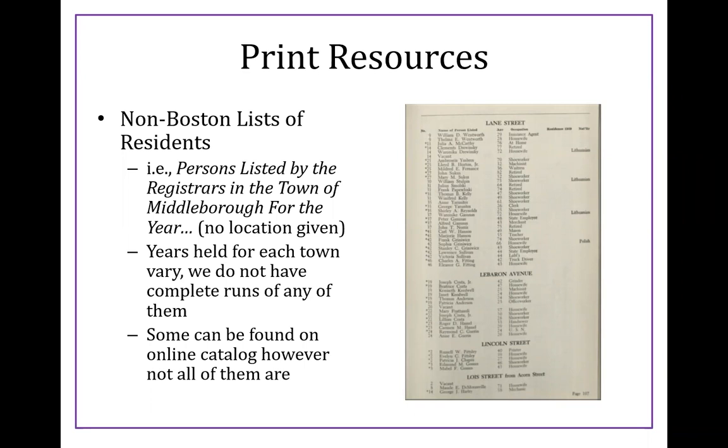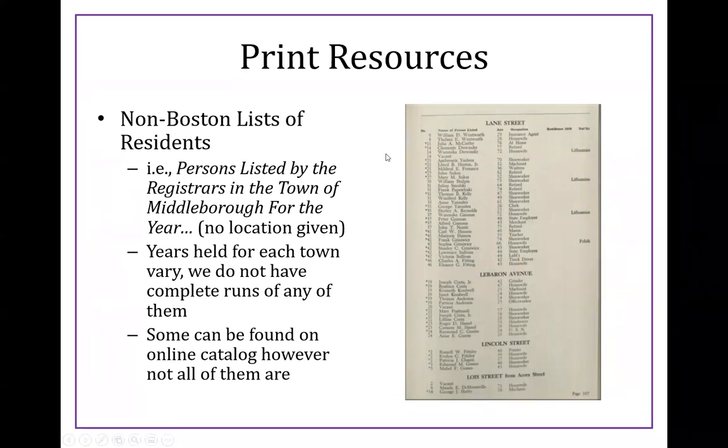So it's a little random. We don't have complete runs. It's basically just based on what the town decided to send us. You can search for some of these in the catalog, but not all of them are in the catalog. If you're looking for a particular town, definitely just ask us, and we'll check on that and see if we have it.